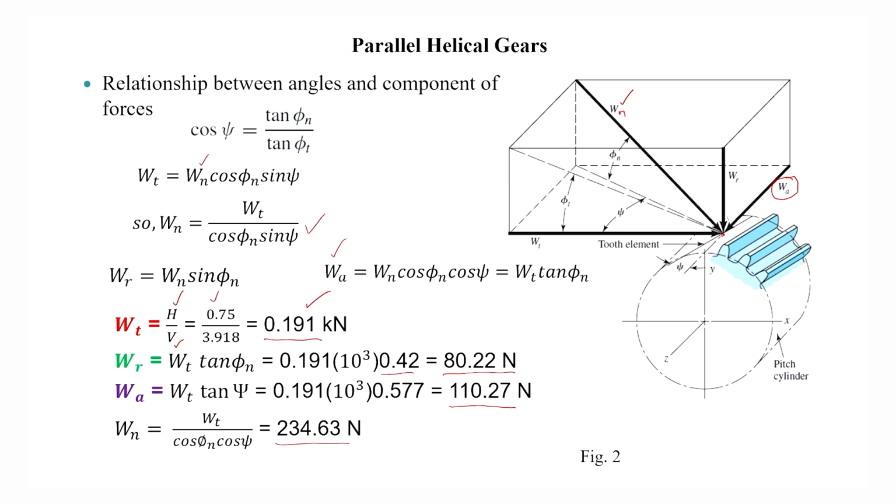And thus, we have obtained in our problem, when the pinion was transmitting power to the gear, what amount of tangential force, radial force and axial force will act at the pitch point.